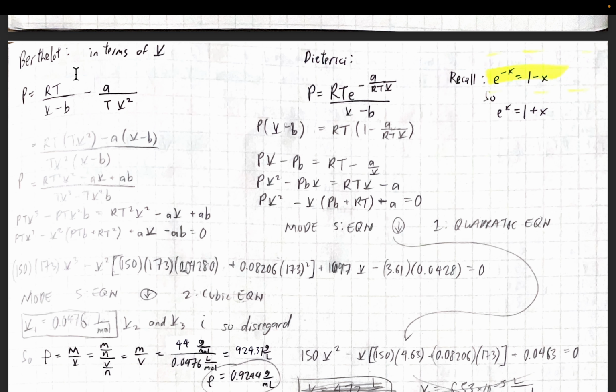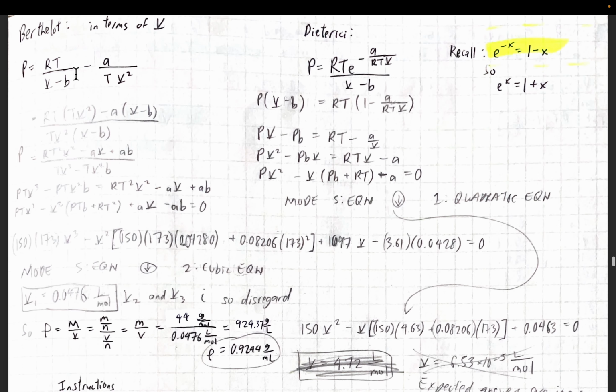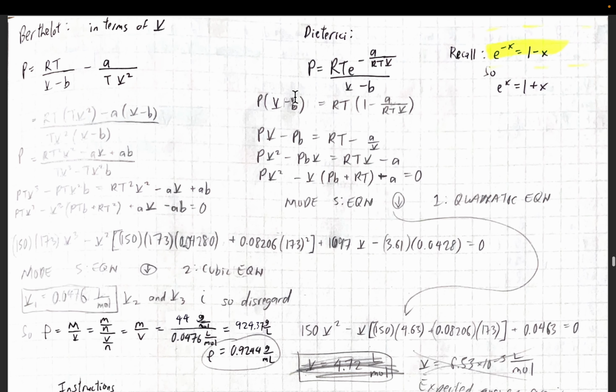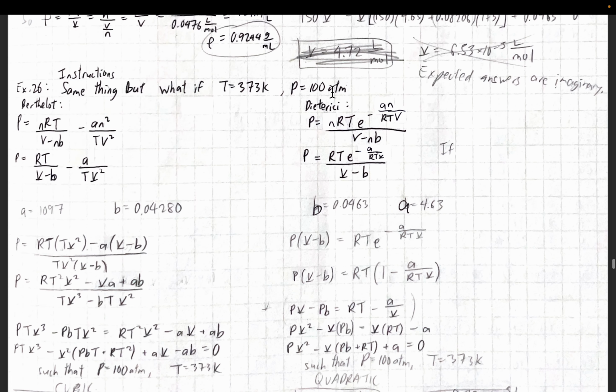Berthelot and Dieterici. So don't worry, actually in our case we were told that they won't be provided in the exam, but they were. I think that's what I recall, although I might be wrong. Okay, same idea. It's just that the formulas are different.